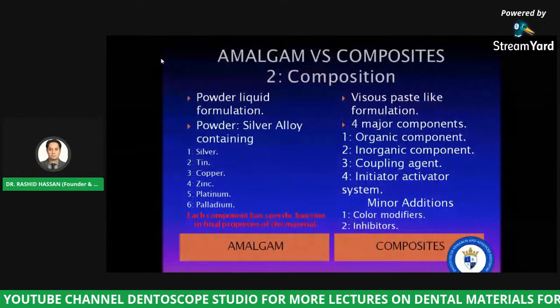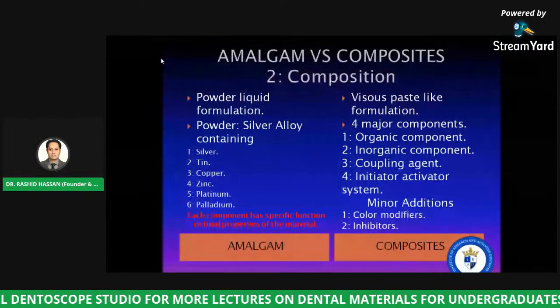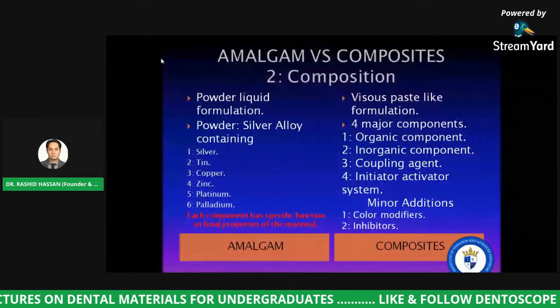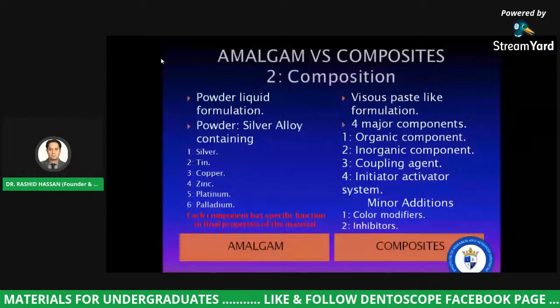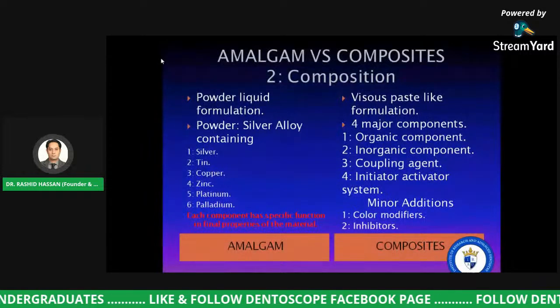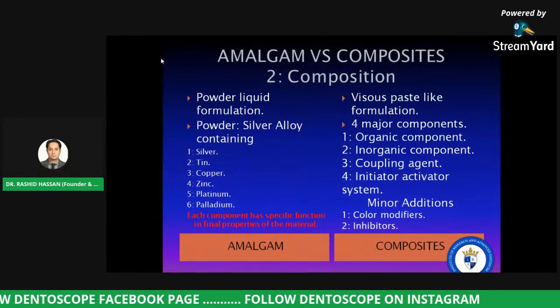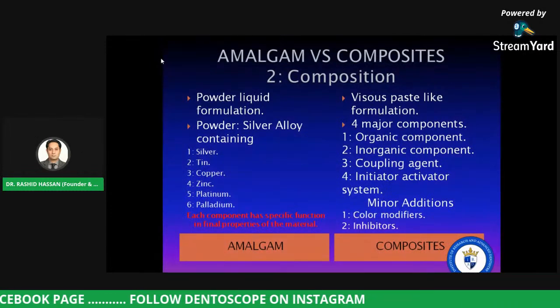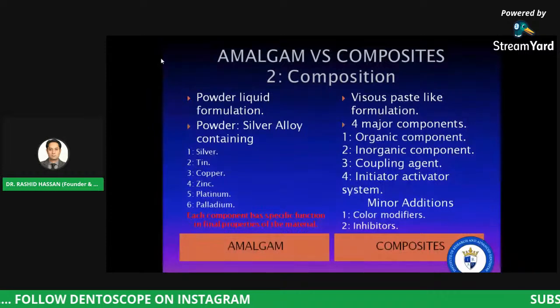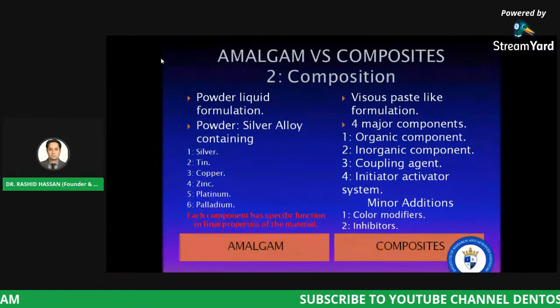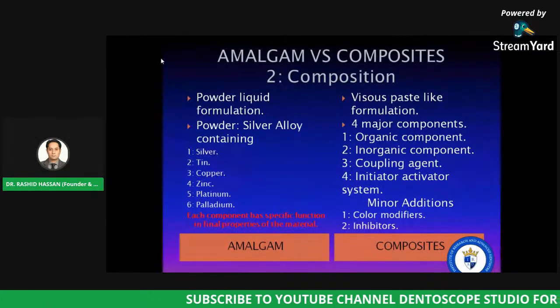As I told you, they can get polymerized either by a chemical reaction or through light. So in case of the chemically cured dental composites, the initiator is benzoyl peroxide, and the activator is tertiary amine.